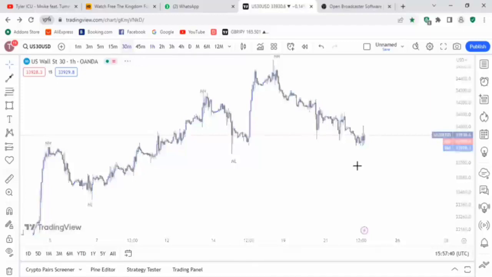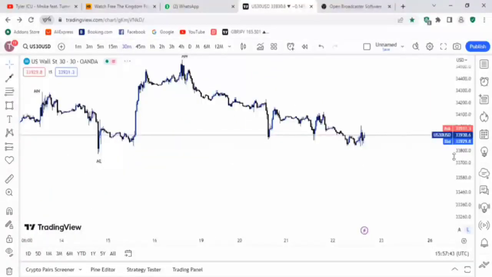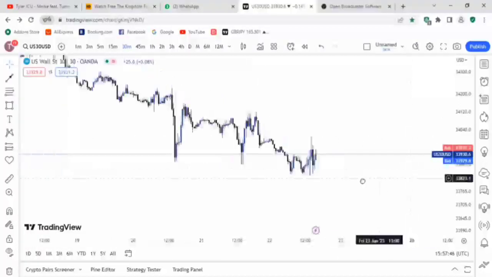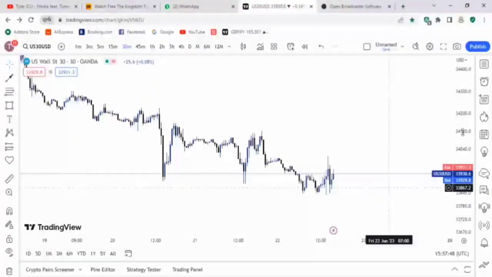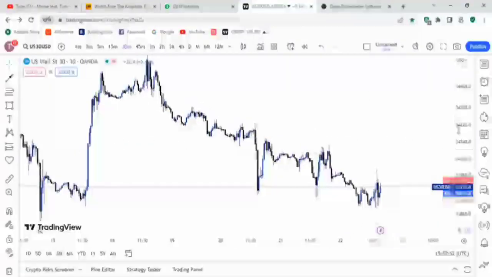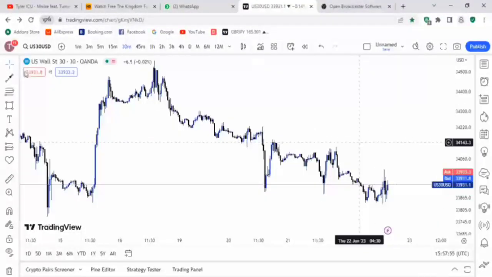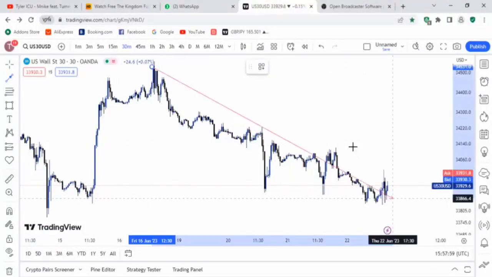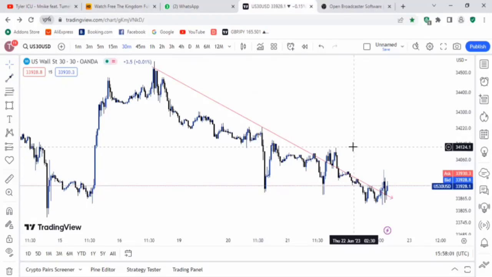Let me go to 30 minutes again. So in the 30 minutes time frame, if you focus on the current structure, you may find out that the market is moving in a downtrend. But remember that each and every time frame has its own trend. See, in 4 hours, we were moving in an uptrend, but in 30 minutes, we are moving in a downtrend.